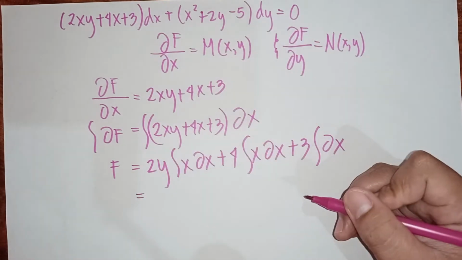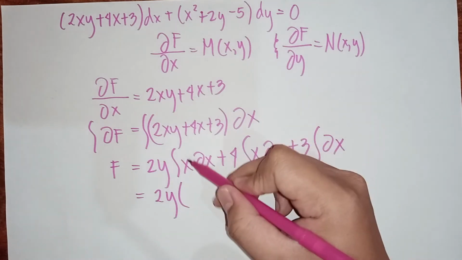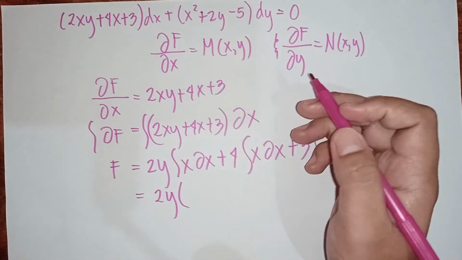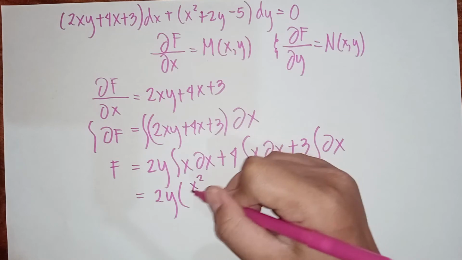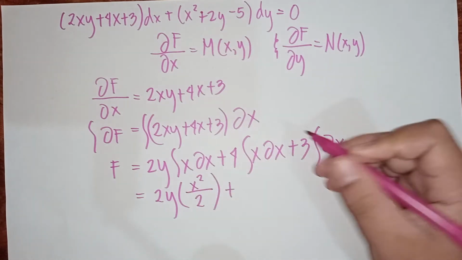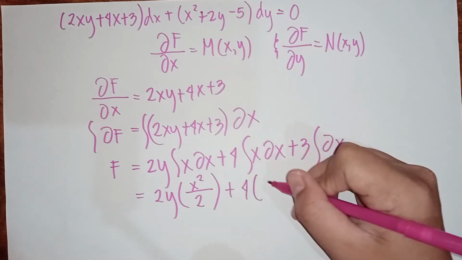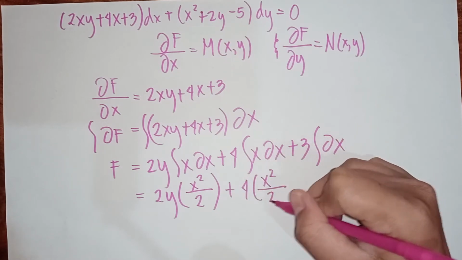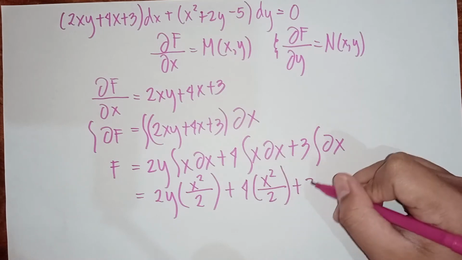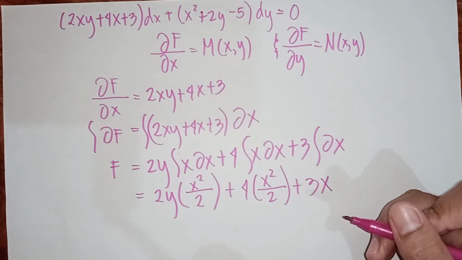So, this is equal to 2y times, so what is the integral of x dx? That is equal to x squared over 2. Okay? Plus 4 times integral of x, that is x squared over 2, plus 3 integral of the partial derivative of x, that is x.